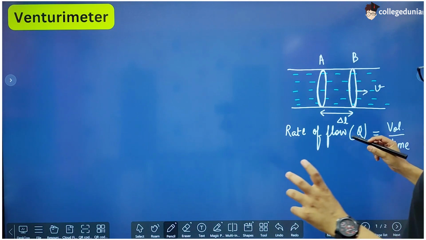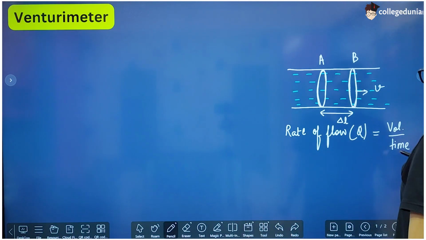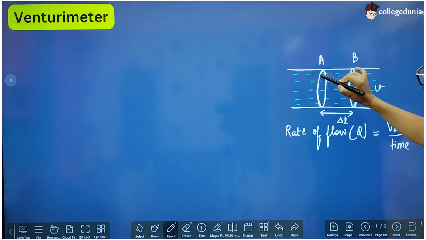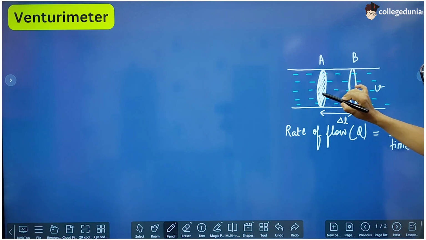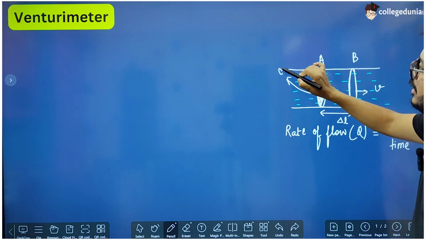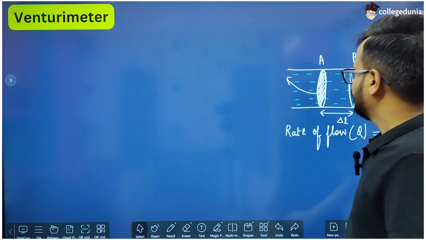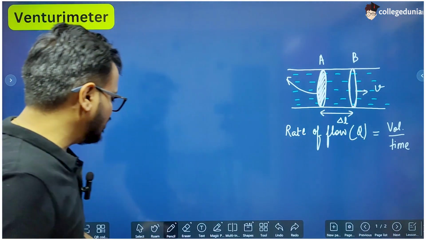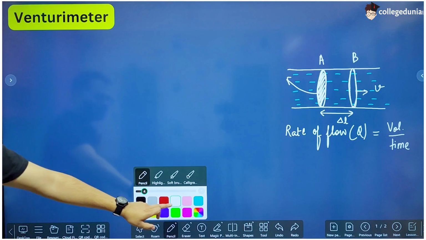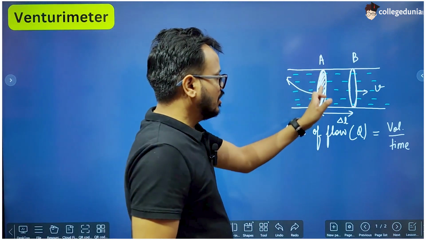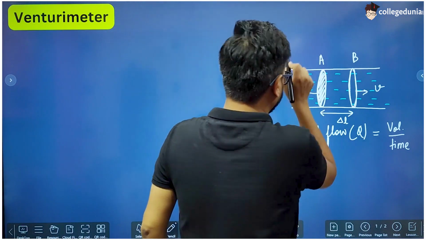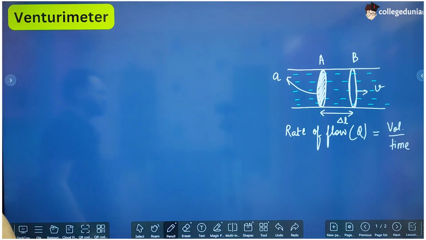Now let us take the area of this cross section as small a. We cannot take the area as capital A because the symbol capital A is already assigned to this cross section.